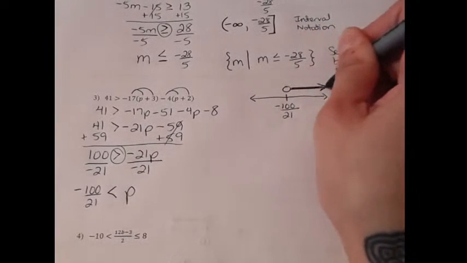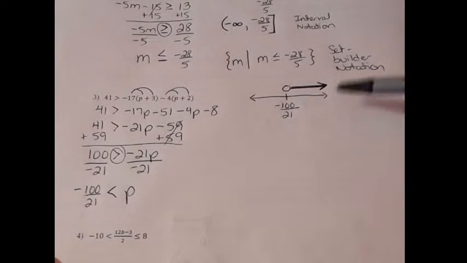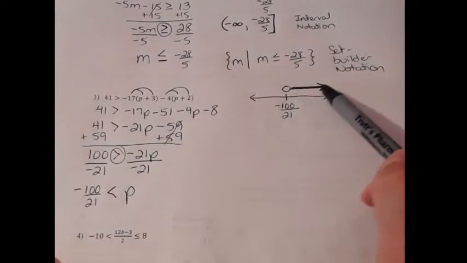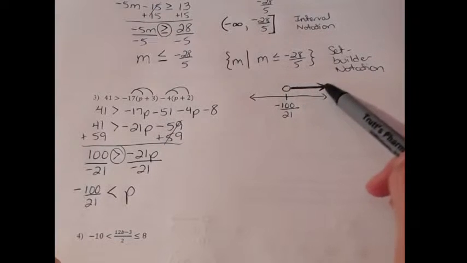That's the tricky part. That's why I included this problem, so that you can see something like this at least once. And then that'll help you to interpret how you draw it on the number line and then your interval notation. We are now ready for interval notation. We always look at our number line, look at our shaded region, and say lower bound, upper bound, or lowest value, greatest value.